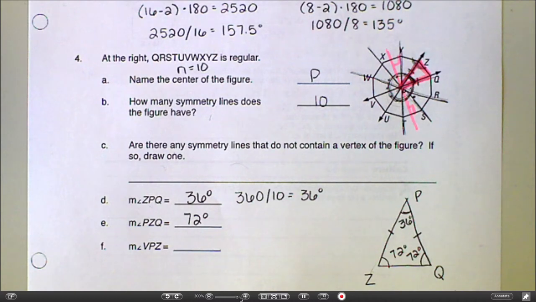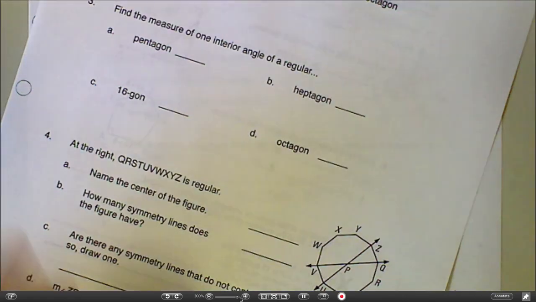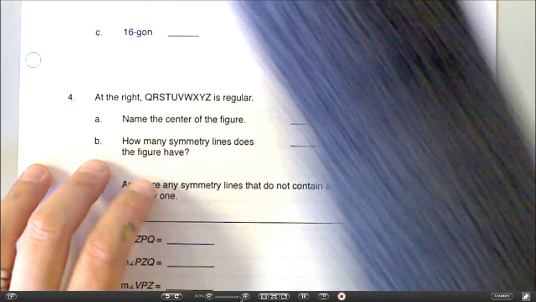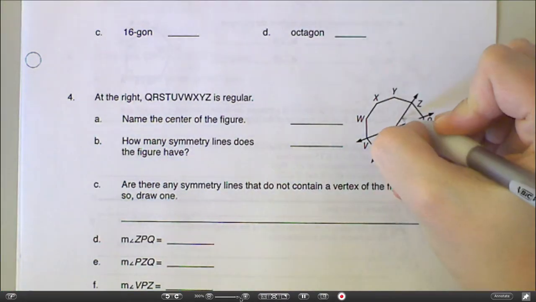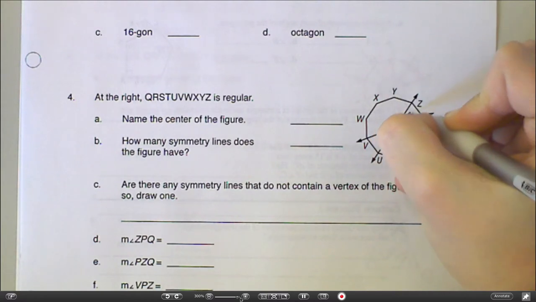And then it wants angle VPZ, which is hard to see here, but I wish I had a clean picture here. Yeah, got clean. So here's one without all my scribbles. We found already that this angle is 36.